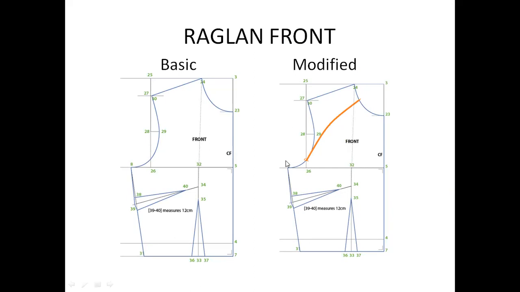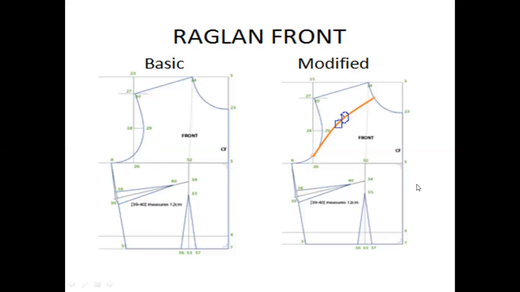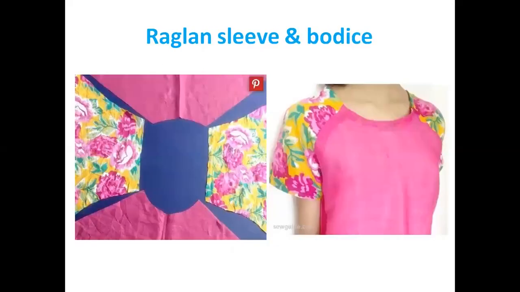After that, you have to cut. You have to cut the raglan portion alone, and you have to throw the remaining things. Then you have to take a sleeve. It is done for both front and back.